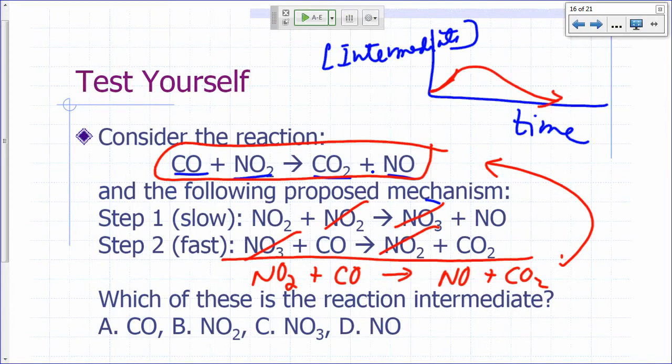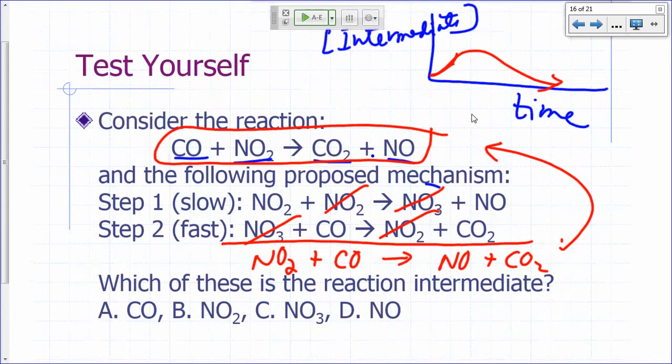And reaction intermediates, typically when you propose those, you might propose something that is not very stable. It's very reactive. It's very transient. So typically, if you can monitor that, its concentration is not going to build up too much. It's going to be very low concentration compared to the amount of reactants and products involved in your reaction.